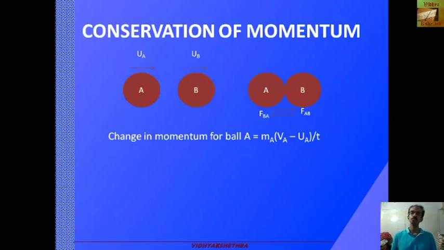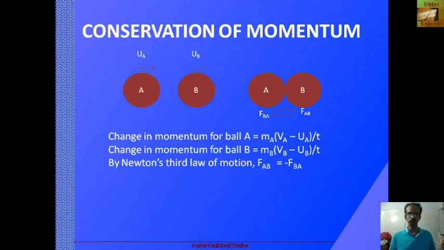And hence the change in momentum of ball A is equal to ma into (va minus ua) divided by t. Similarly, the change in momentum for ball B is equal to mb into (vb minus ub) divided by t for a time t.